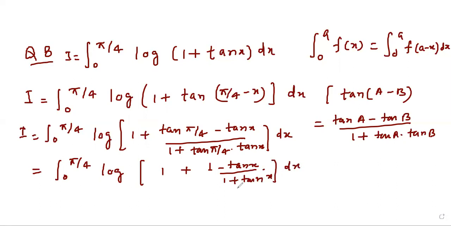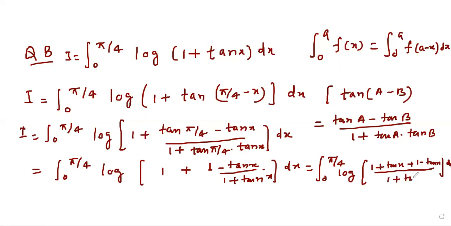dx. If we take LCM, it will become integral 0 to pi by 4 log of inside bracket (1 plus tan x plus 1 minus tan x) divided by (1 plus tan x) dx.